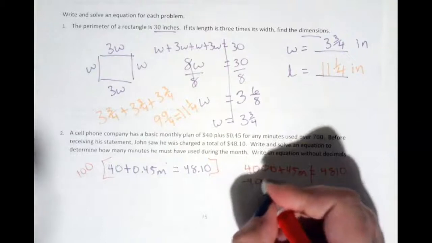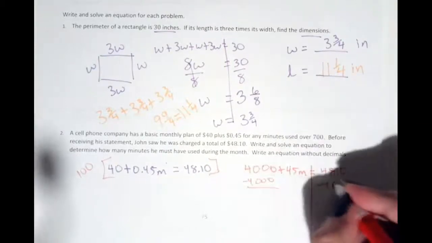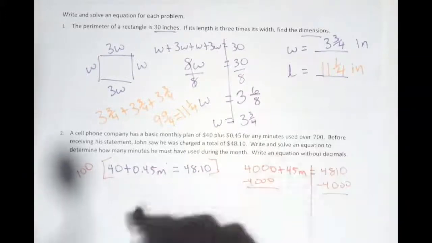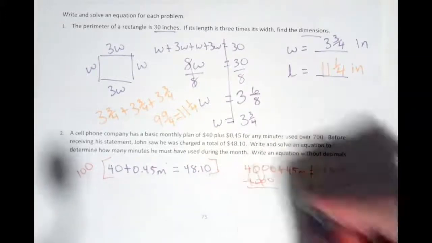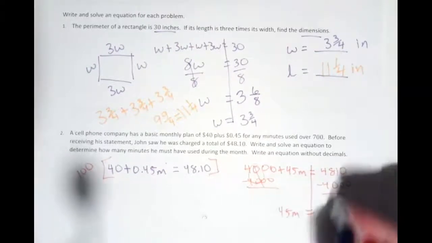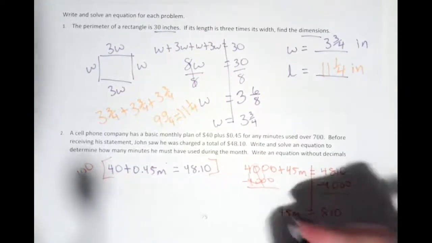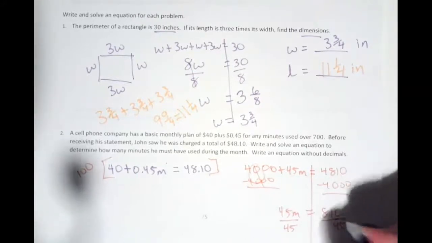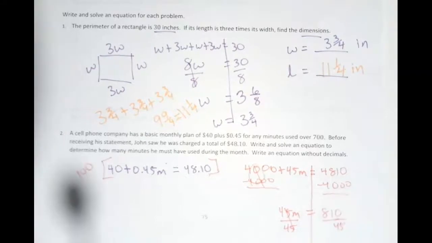Alright, so then I would subtract the 4,000 cents, which is $40, and do that to each side to keep my equation balanced. That gives me 810. Then I would divide the 810 cents by the 45 cents.